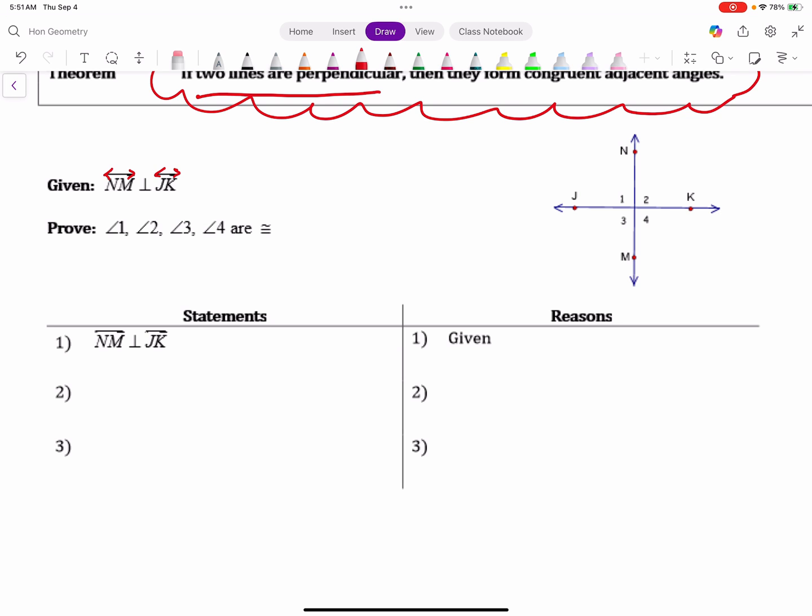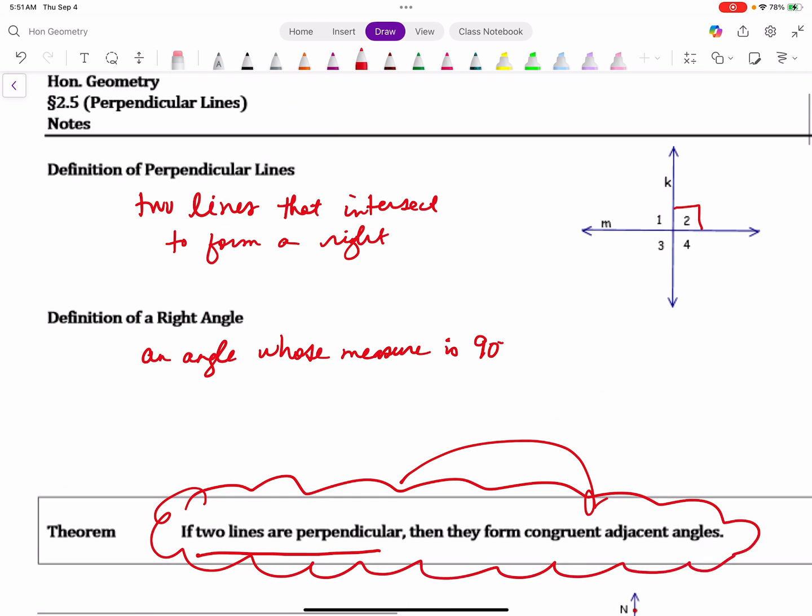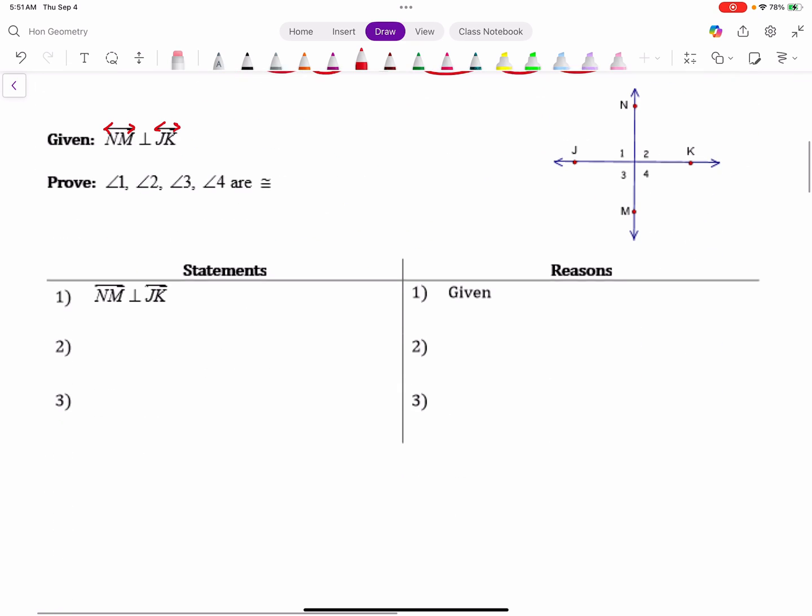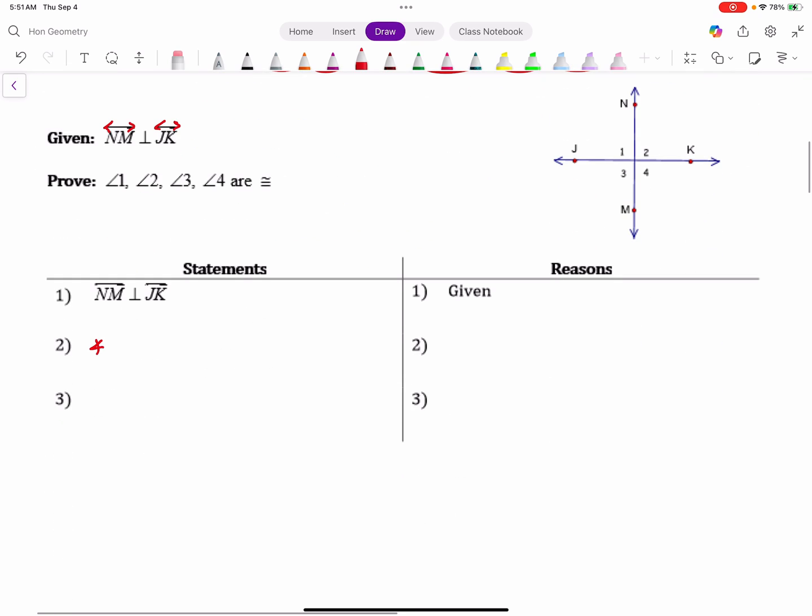So what we would say is, based off the definition of perpendicular lines, we know that angles 1, 2, 3, and 4 are right angles because of the definition of perpendicular lines. And did I say that? That's the symbol for perpendicular. If you didn't know, you can use that anytime you want.